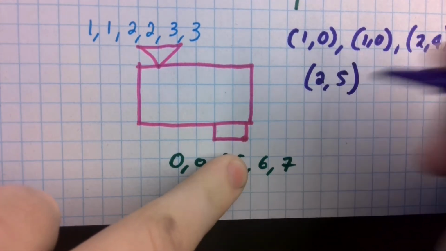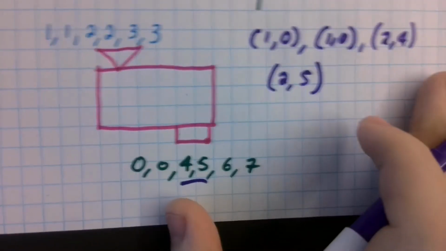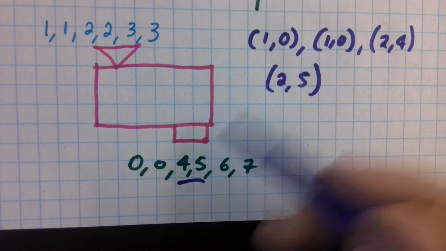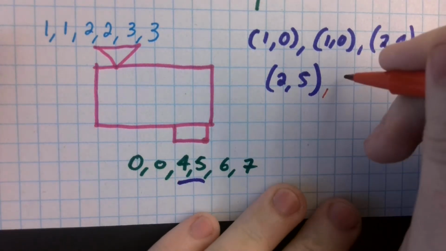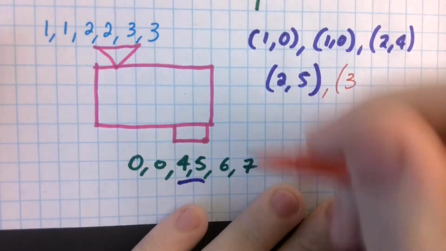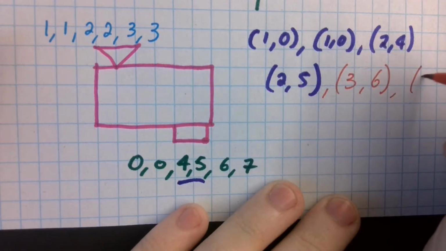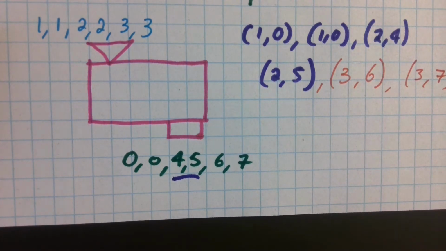As soon as we notice that 2 gives us 2 different things, we can already say, okay, our machine is broken. When I plugged in a 2, I'm supposed to get out a 4. Here, I got a 5. But if you wanted to keep continuing, you'd see it gets even worse, because our machine is very broken. If I plug in 3, I get out a 6. If I plug in 3 again, I get out 7. So this is a very broken machine.